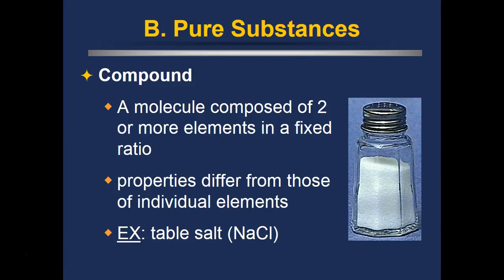So table salt is composed of sodium, which is Na, and chlorine, which is Cl, and those two things have very different properties from what you put on your corn on the cob. Sodium and chlorine, when you look at them separately, are both poisonous. And you can see here, salt is not poisonous. We eat it all the time. And it's also not a gas. So by combining these two elements, we get something totally different, and it's called a compound.